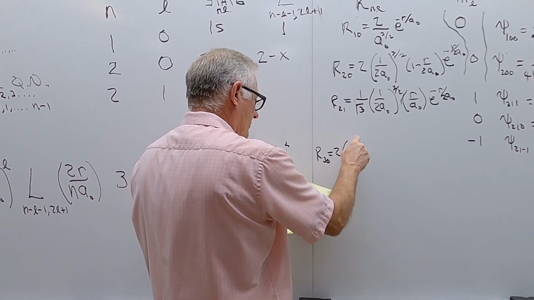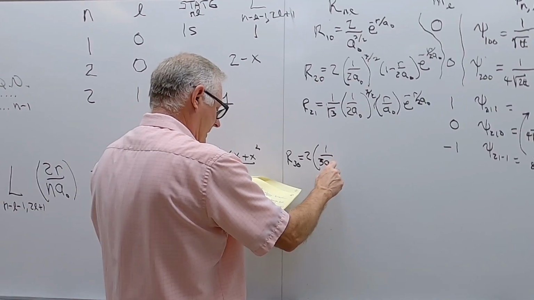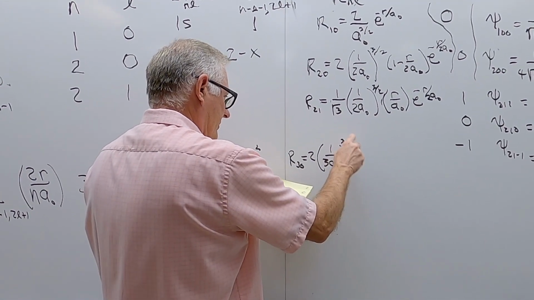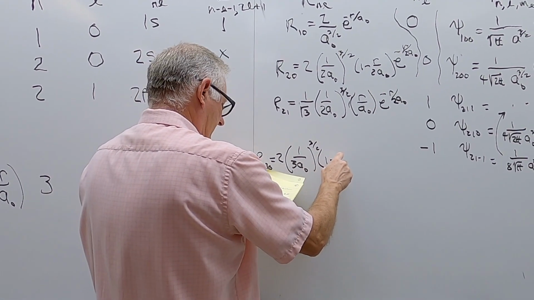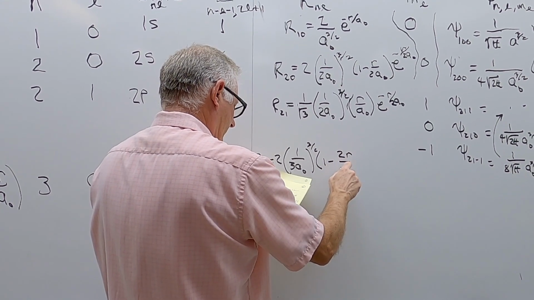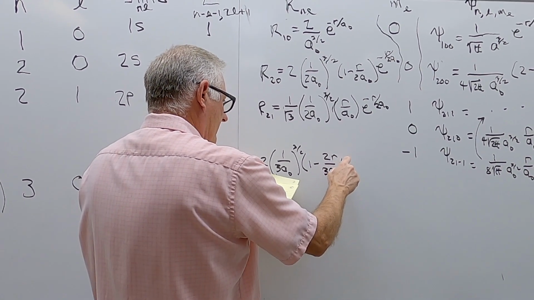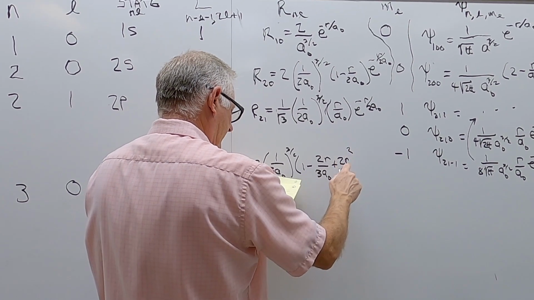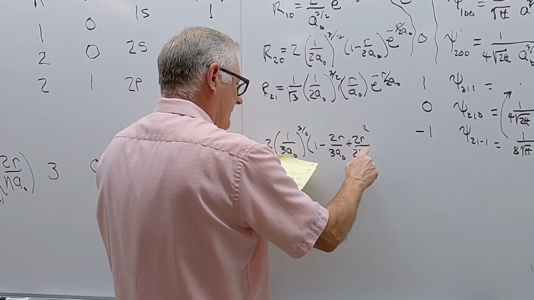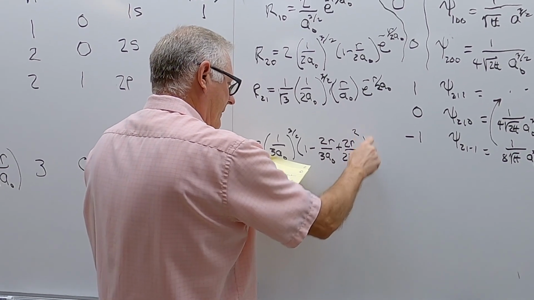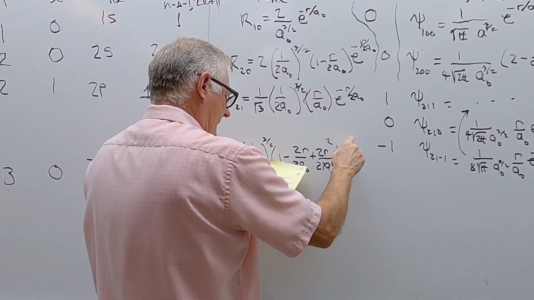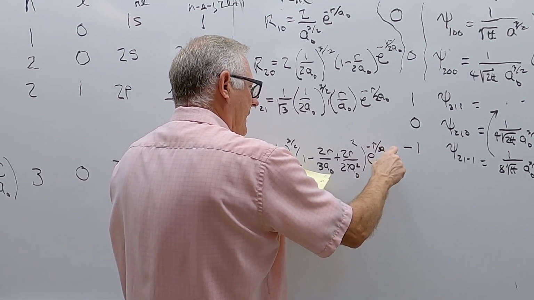It's 2 times 1 over 3a naught to the 3 halves, 1 minus 2r over 3a naught plus 2r squared over 27 a naught squared e to the minus r over 3a naught.